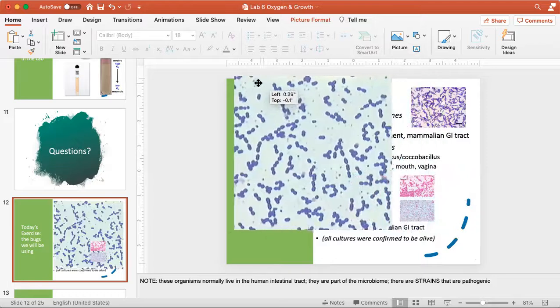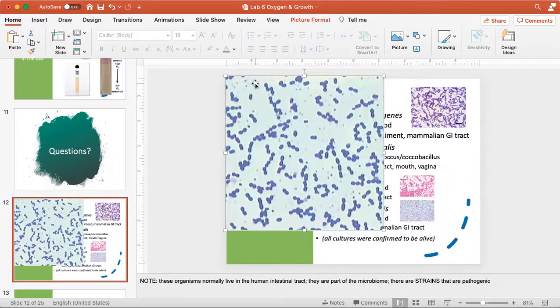I don't know if you remember, but when we were talking about cell shape, we said that there is a category of shape that's halfway between a coccus and a rod. And this is an organism that kind of fits that. So if you look at some of these cells, they look quite spherical. They look like cocci. Like here you can see two cells side by side and they look nice and round.